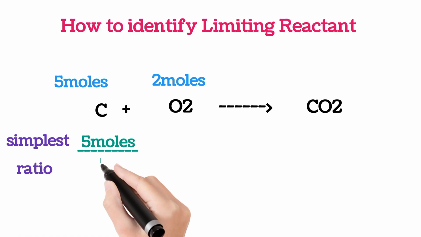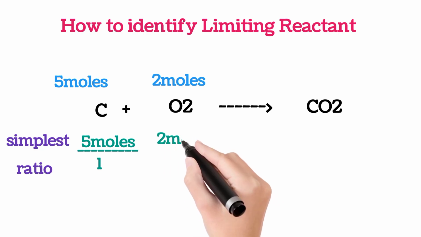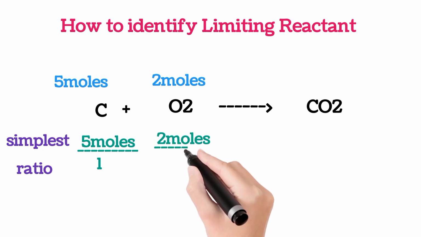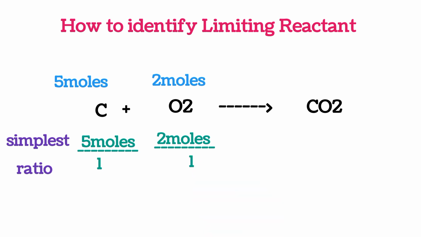So we're going to have 5 divided by 1, which is the coefficient of carbon, and then we'll have 2 moles divided by 1, which is the coefficient of oxygen in the given balanced equation.